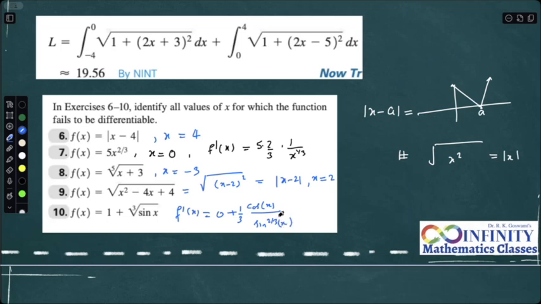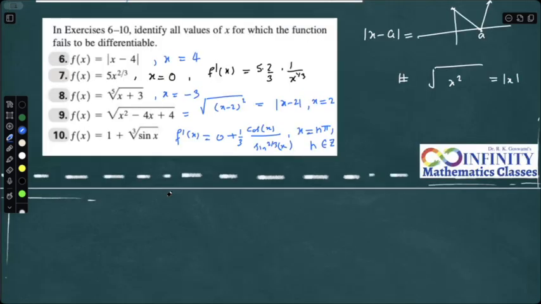So if the denominator is 0, we have an issue. In the denominator there is a trigonometric expression, sin x. Sin x will be 0 whenever x is an integer multiple of pi. And this serves the purpose. These are the points where the function is not differentiable. Any doubt there? Perfectly okay.